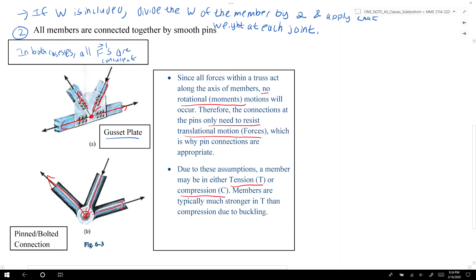This is important because typically members are much stronger in tension than in compression due to buckling. Members that are in compression can buckle and fail under much smaller loads than the same load in tension.